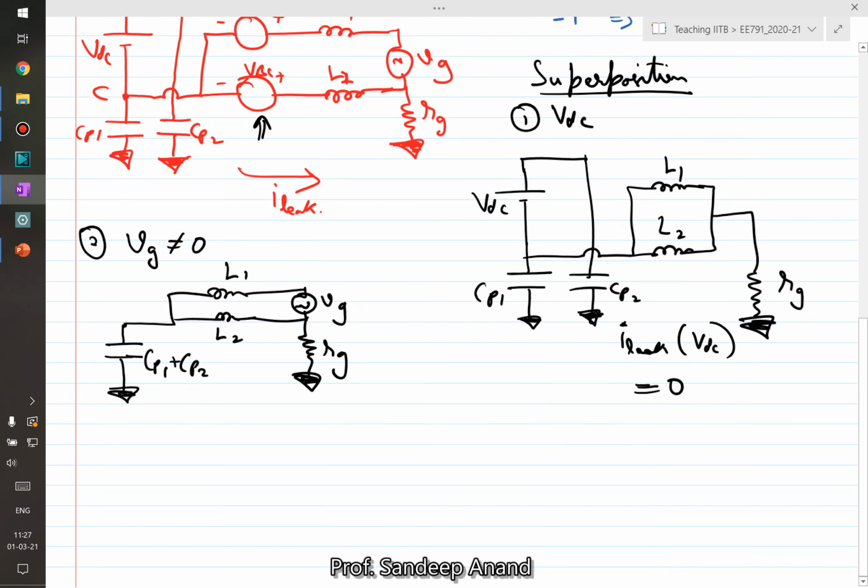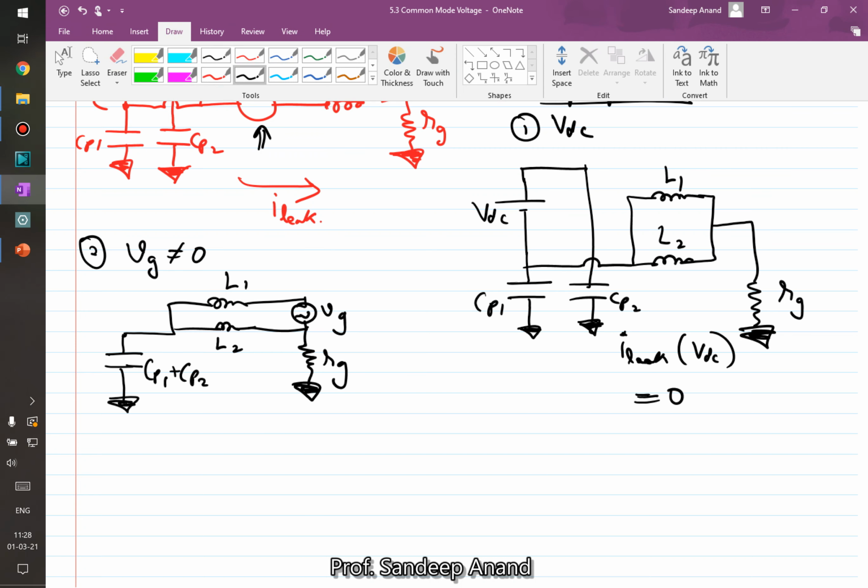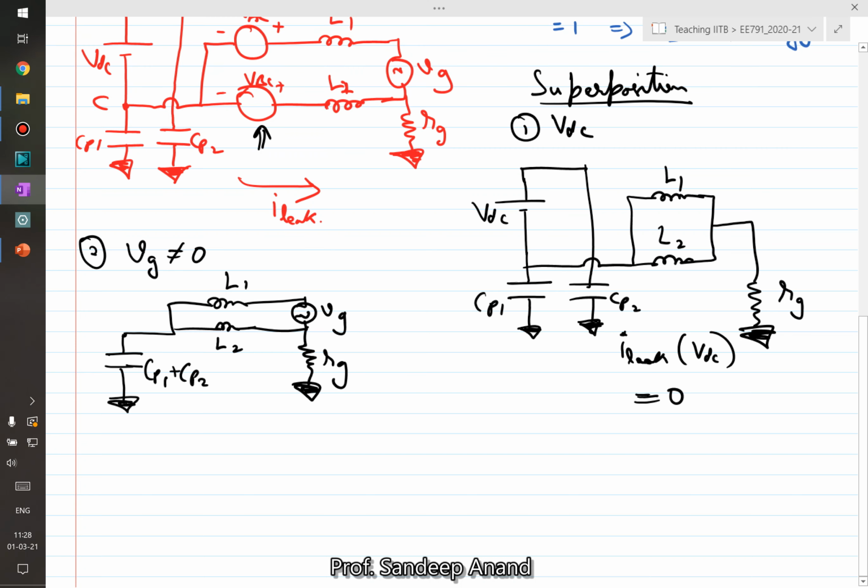Now if you see this circuit here, there is going to be low frequency current that will flow in this circuit because of VG, through the ground.